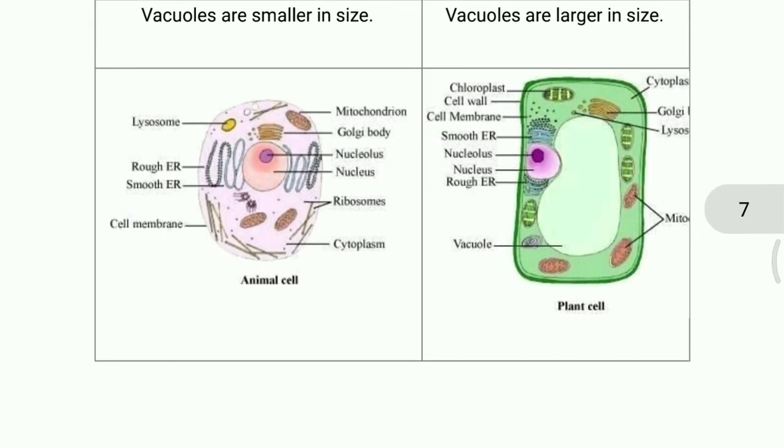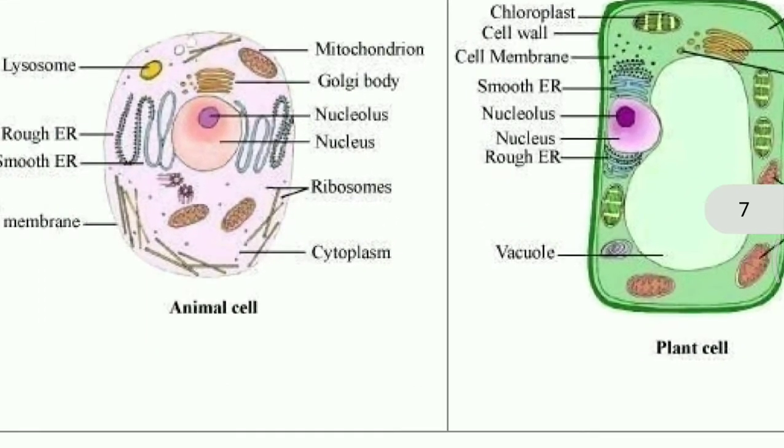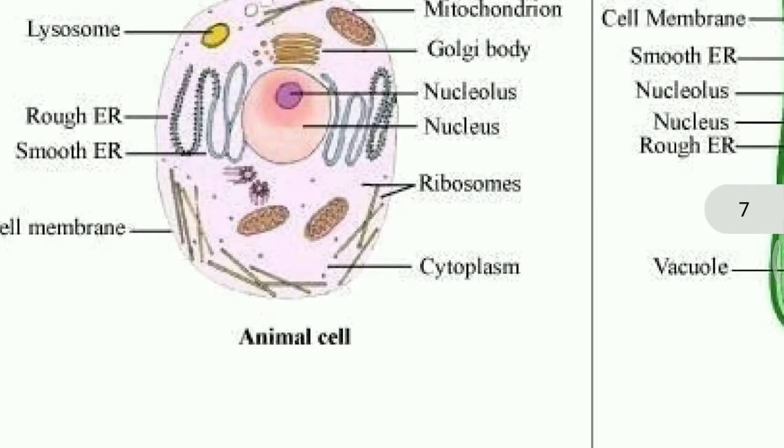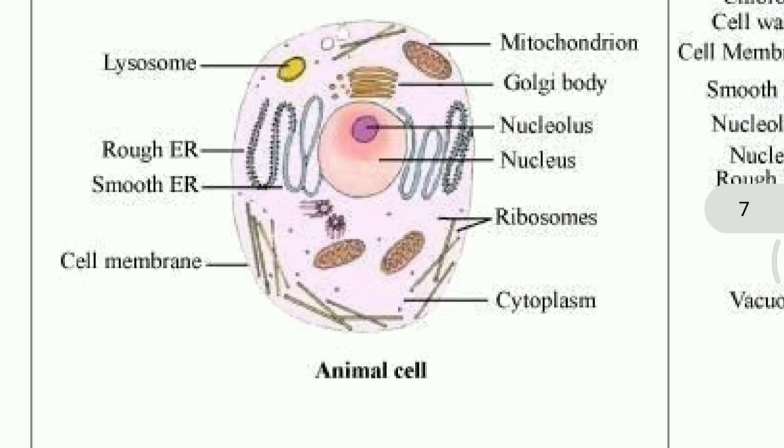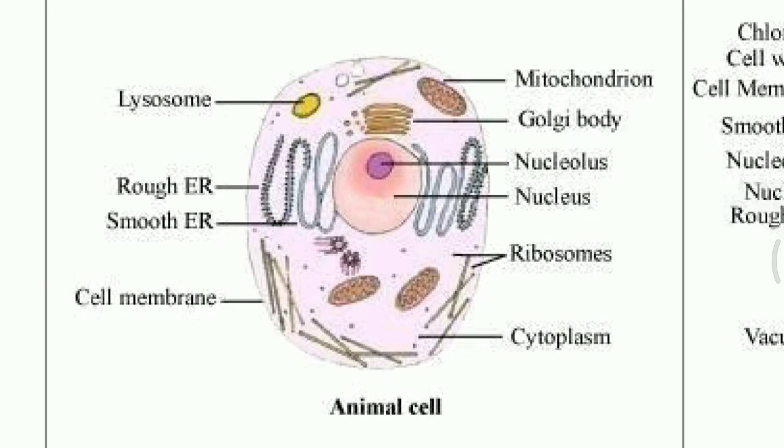Here are some diagrams of animal cell and plant cell. So we go through first the animal cell: mitochondria, Golgi body, nucleus, ribosome, cytoplasm, lysosomes, cell membrane.